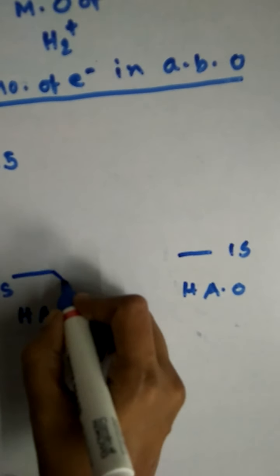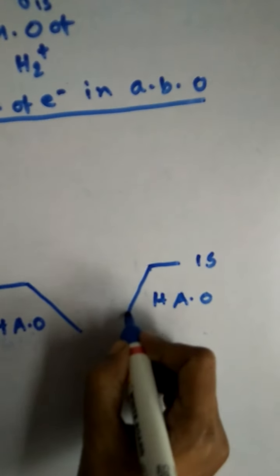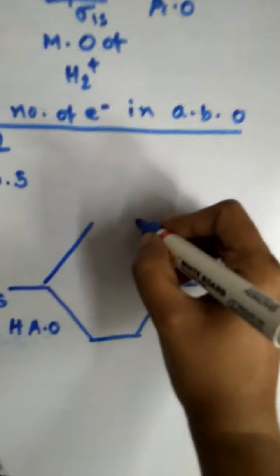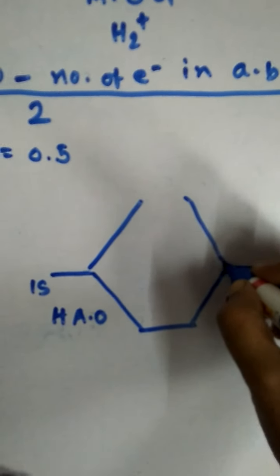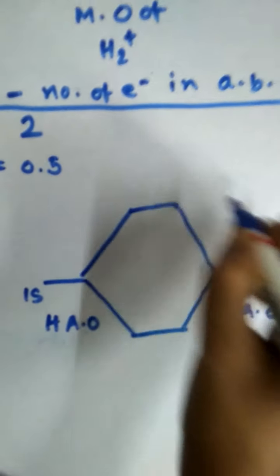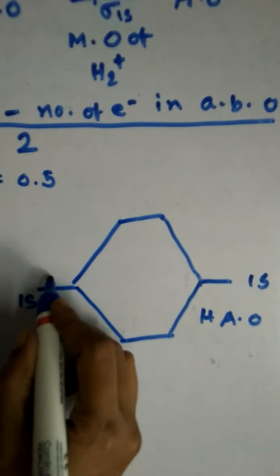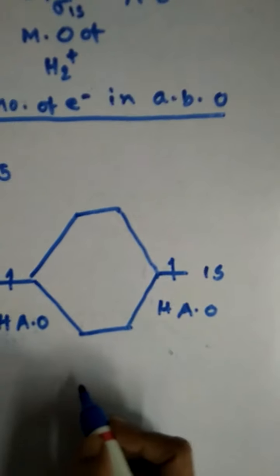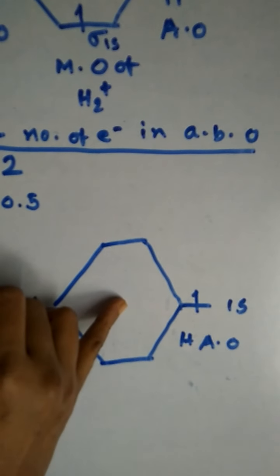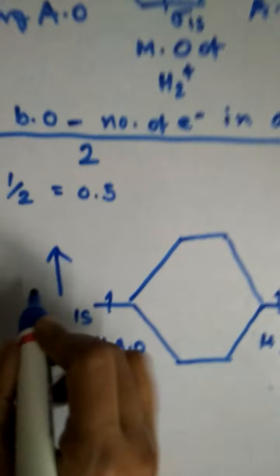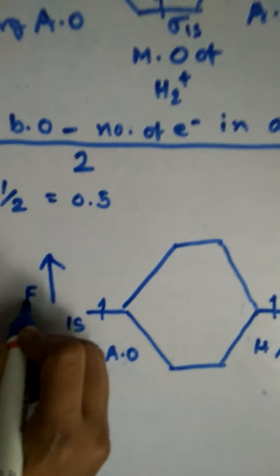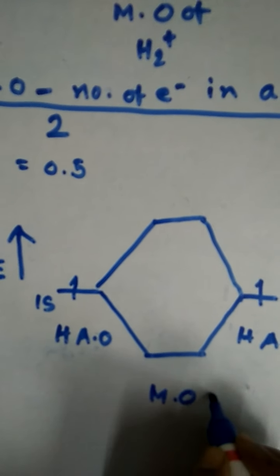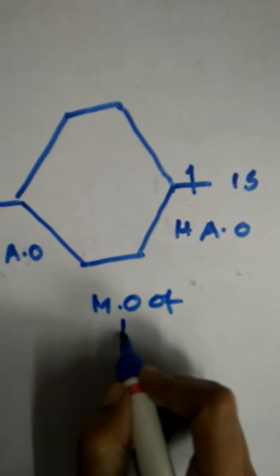Then you combine these two to give the bonding and antibonding molecular orbitals. Then you put the electrons, 1 here and 1 here, and show the energy axis here. Now this is your MO of H2.